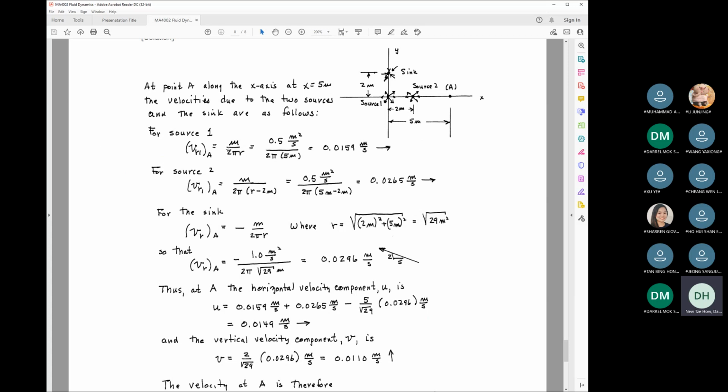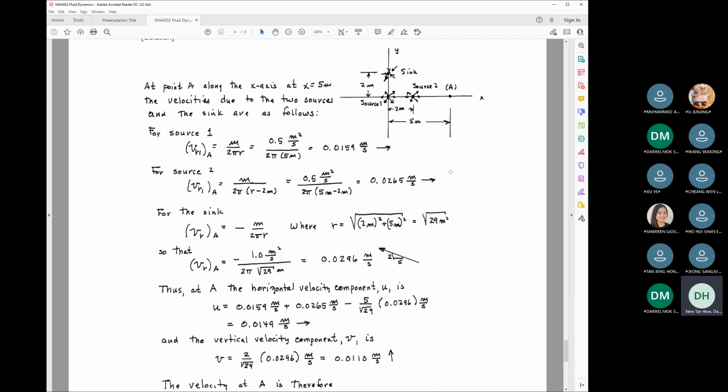For source 1, there's no negative sign because it's a source, so the VR itself has this magnitude. The same goes for source 2: no negative sign in front, so the radial velocity VR for source 2 is also a positive number. For the sink, you'll notice there's a clear negative sign here, so the radial velocity for the sink will be a negative number.